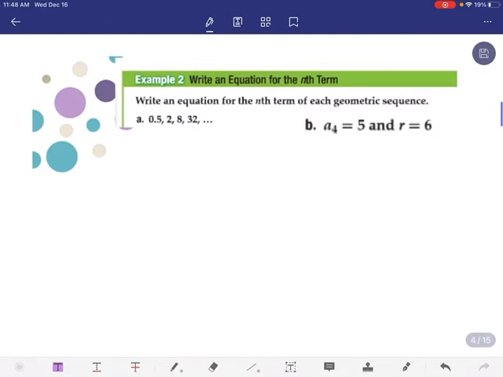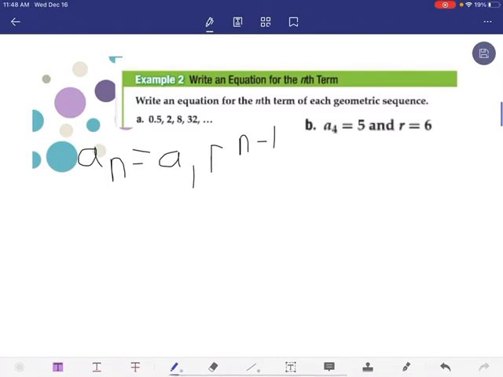So let's look at an example. It says, write an equation for the nth term of the geometric sequence. So in general, we said that our equation is a sub n equals a sub 1 times r to the n minus 1.